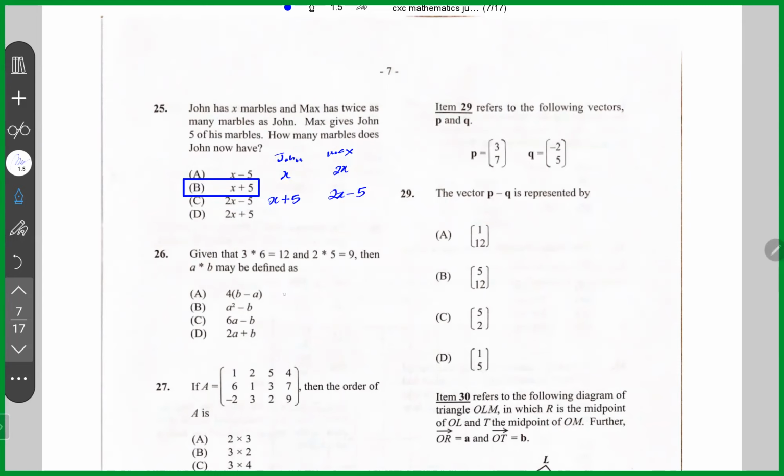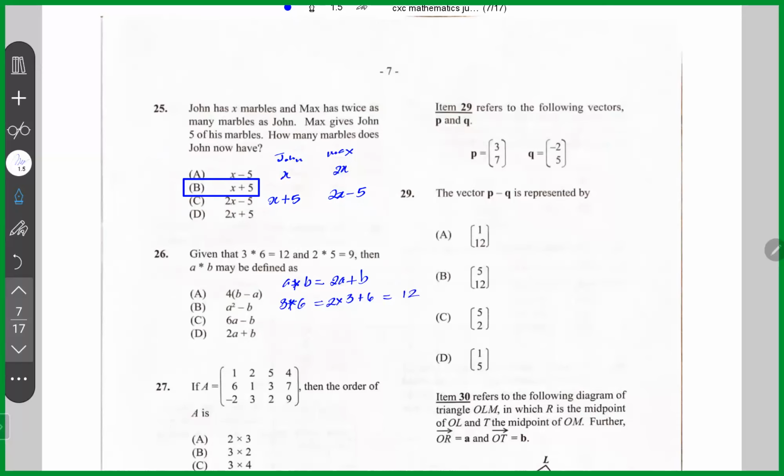Let's try the last answer, D. We have A star B. So this question is about finding the defining equation. 2A plus B. 3 star 6 would be 2 times 3 plus 6, which is 12. All right, so far that works. 3 star 6 is 12.